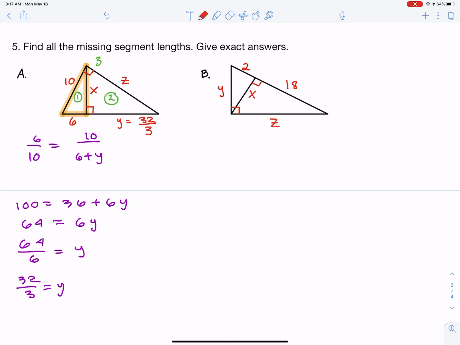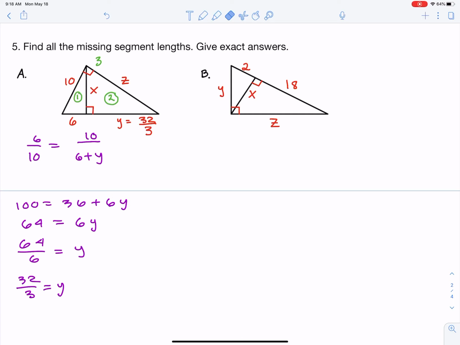How about we do something kind of similar. Let's erase this orange stuff here. I'm going to look at triangle 1 and triangle 2 to find the value of x. Can I do that?